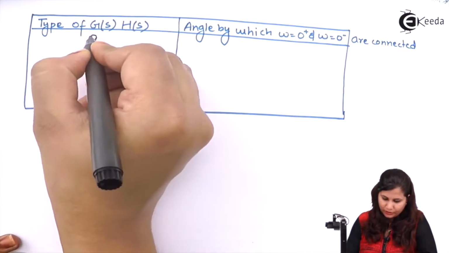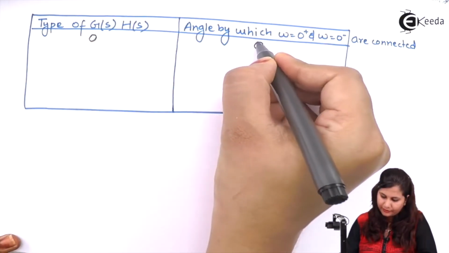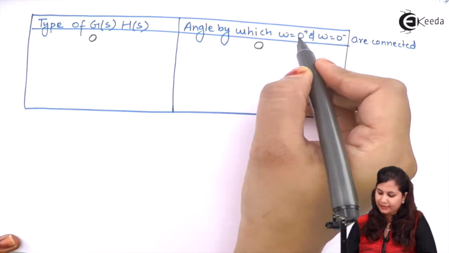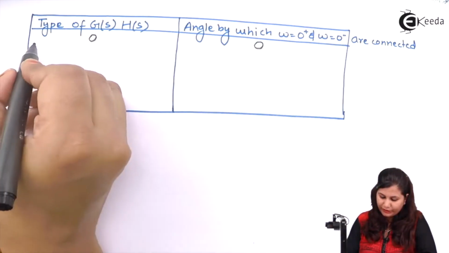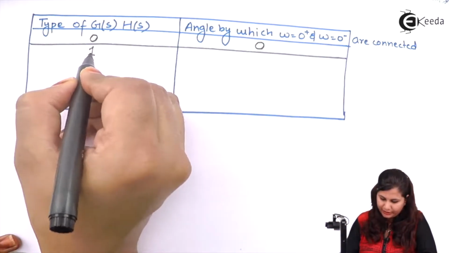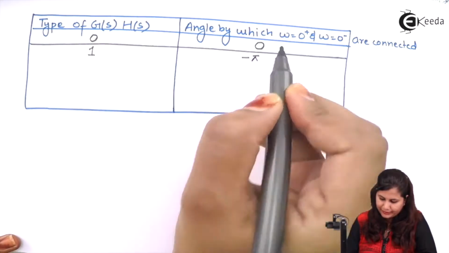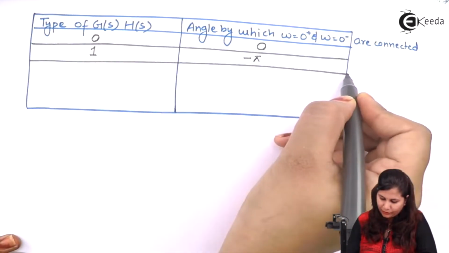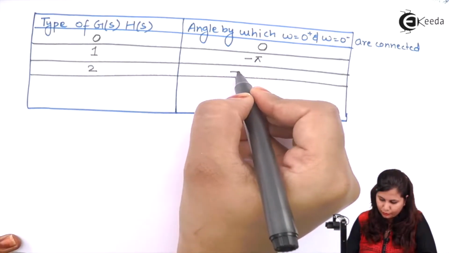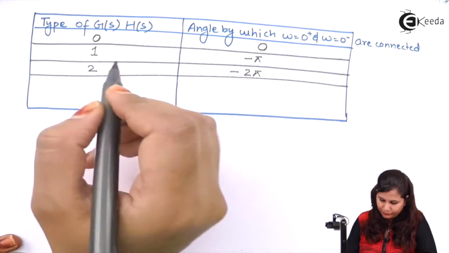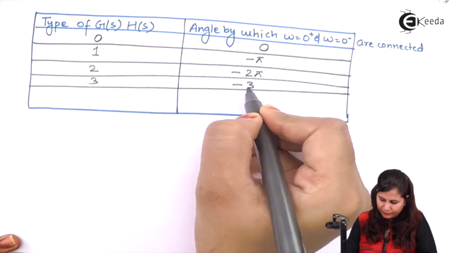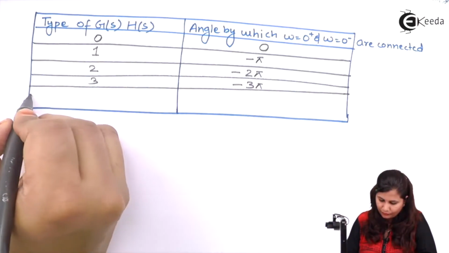For a type 0 system, omega equals 0 plus and 0 minus are connected by an angle of 0 degrees. For type 1, they are connected by an angle minus pi. For type 2, they are connected by an angle minus 2 pi, for type 3, minus 3 pi.